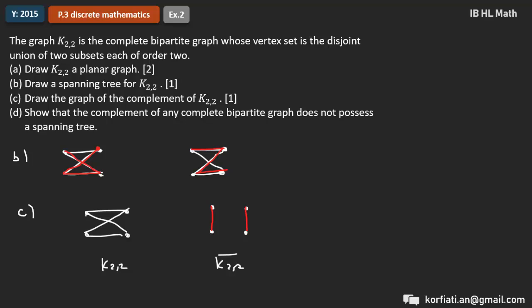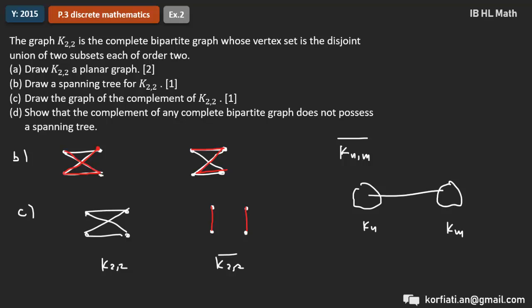In general, we must keep in mind, and we're going to use this result at D, that if you have K n,m, the complement of that is a clique of order n, a complete graph with n vertices, and over here we'll have a complete graph with m vertices.